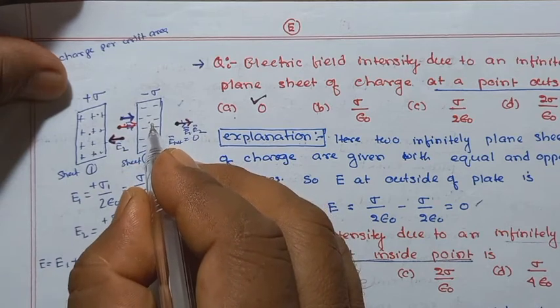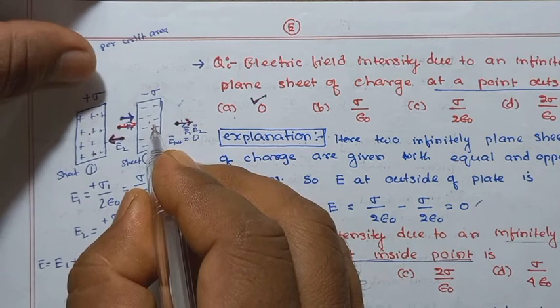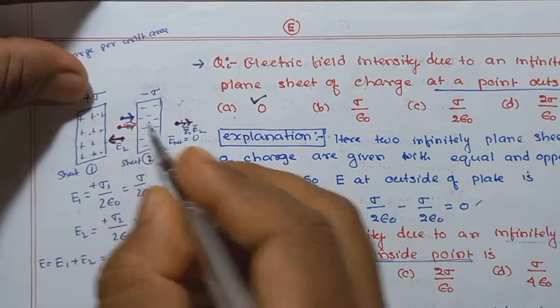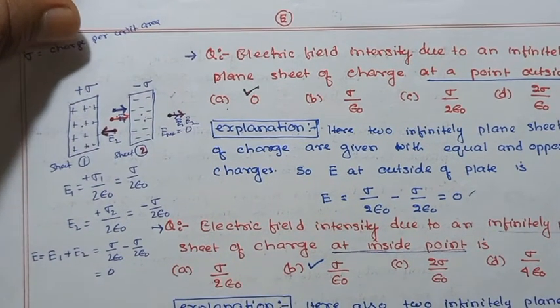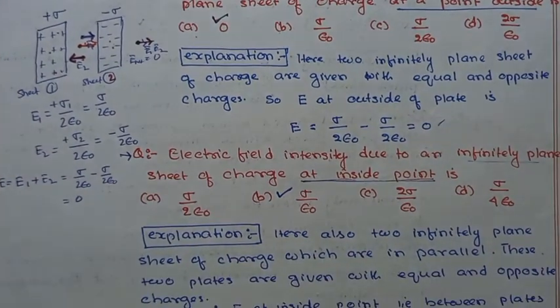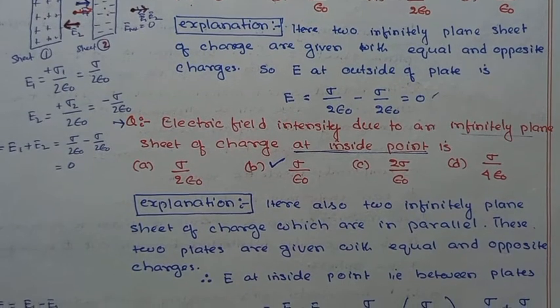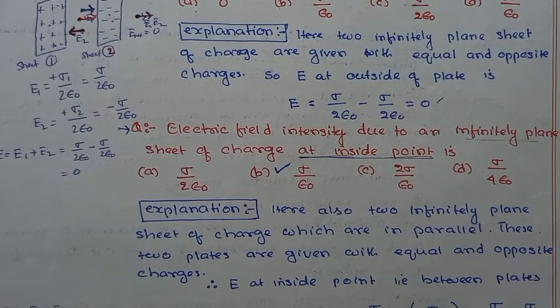Okay, and this is positive charge given. So surface charge density is sigma 2, then E2 is equal to sigma 2 by 2 epsilon 0. Now both are equal and opposite charge is given, then put sigma 1 is equal to sigma and sigma 2 is equal to minus sigma.